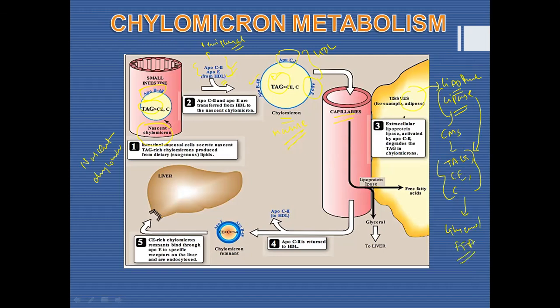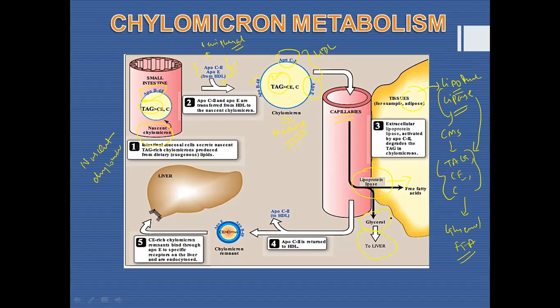Okay, so in adipose tissue there will be lipoprotein lipase. It will be activated by the presence of ApoC2. Okay, ApoC2 will do the activation of lipoprotein lipase. So lipoprotein lipase will deliver the free fatty acid to the peripheral tissues, for example to the adipose tissue. Glycerol part will come into the liver.